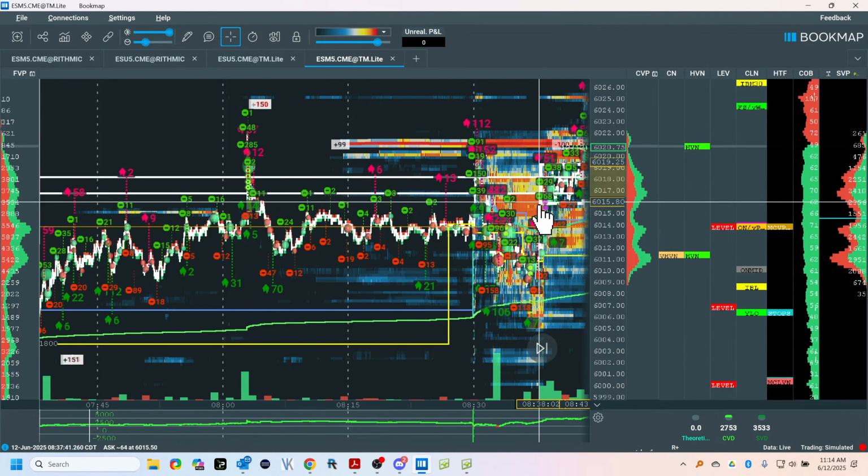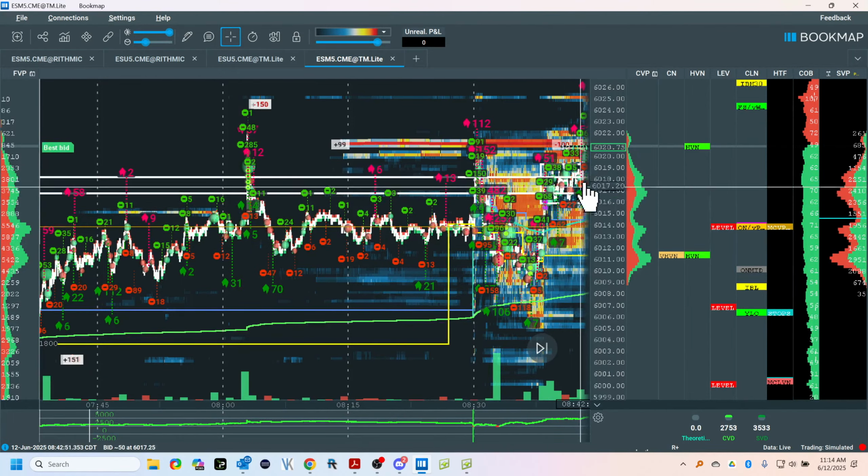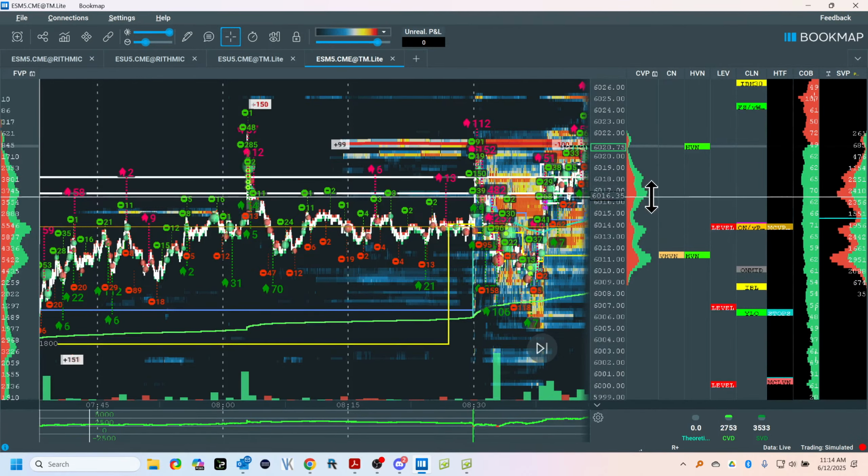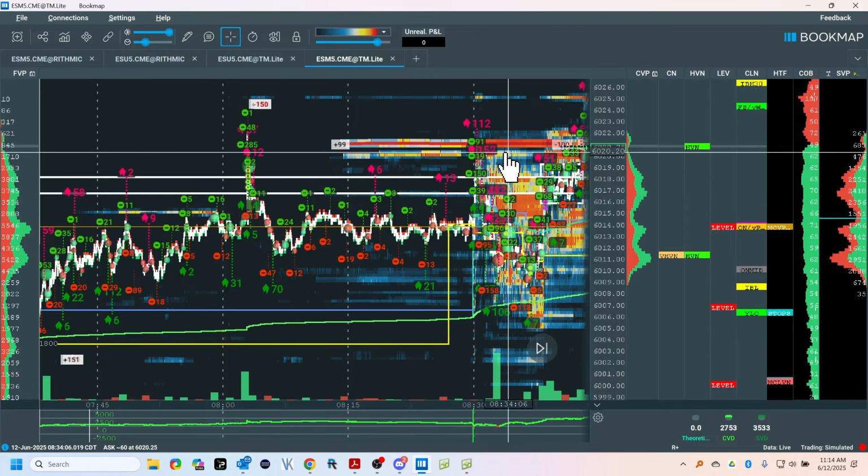So what I know is too low, absorption. If I break high and the volume is right there, I'm making higher volume. In other words, retail price. So too low, I don't know. If I break high, it's this and this as support.